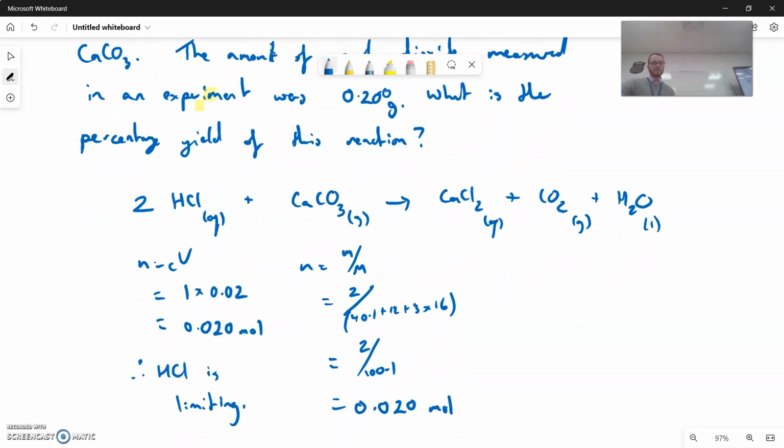So I happen to have 0.02 mole of both HCl and 0.02 mole of calcium carbonate. However, one of them is in excess, right? As I'm balancing this chemical equation, I have a 2 here. So I need twice as much HCl.